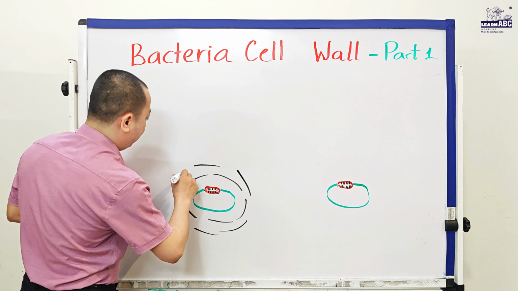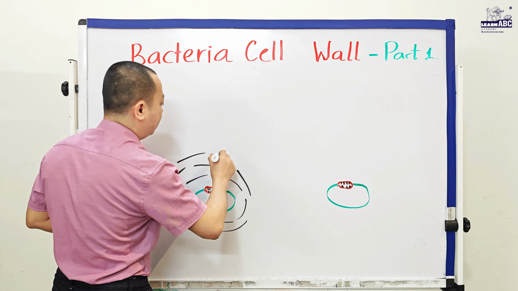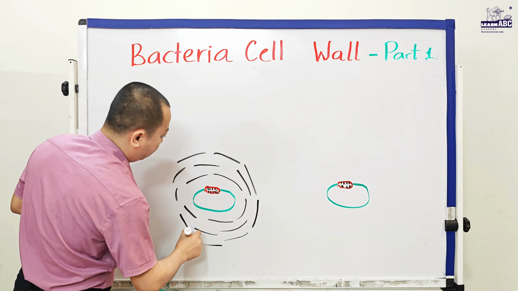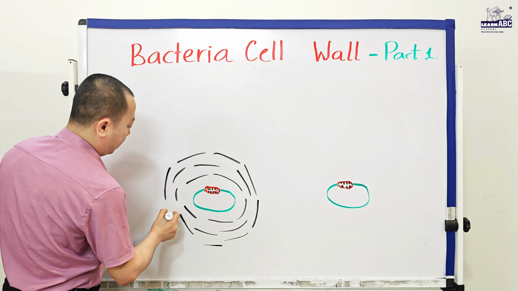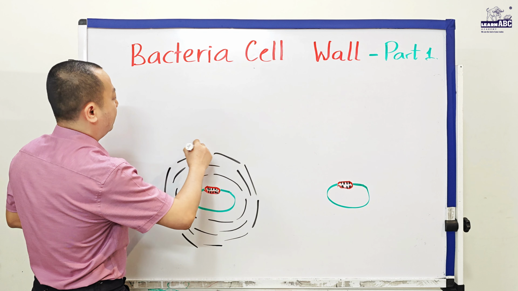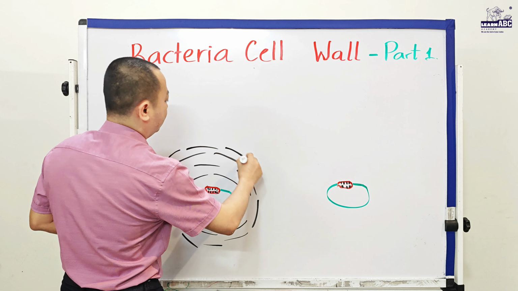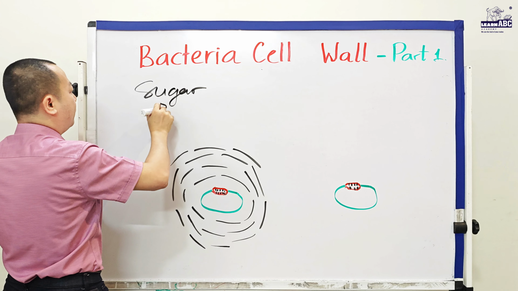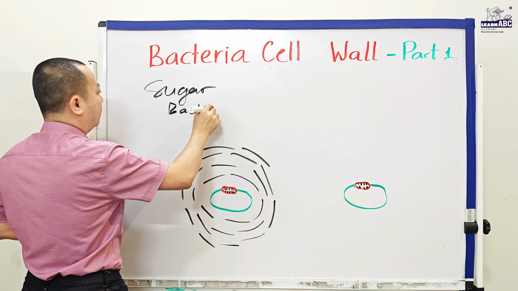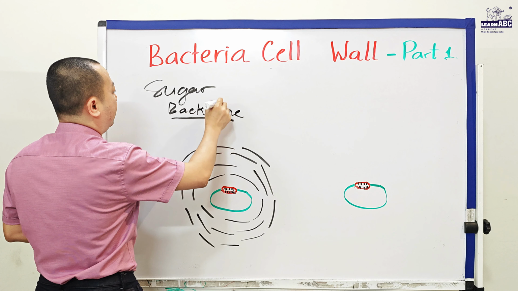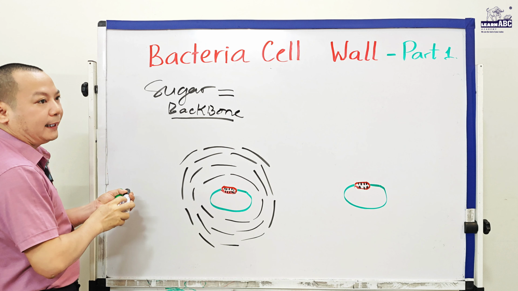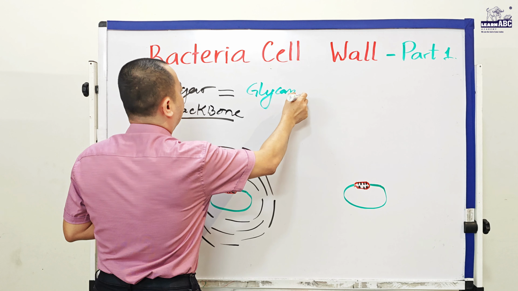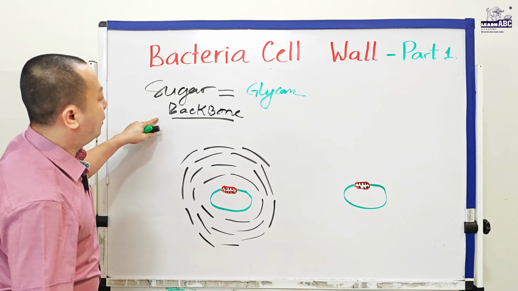Both are made of what? We call it the glycan backbone, or sugar backbone. Sugar backbone. Or this sugar we also call glycan. So you can call it sugar backbone or glycan backbone.